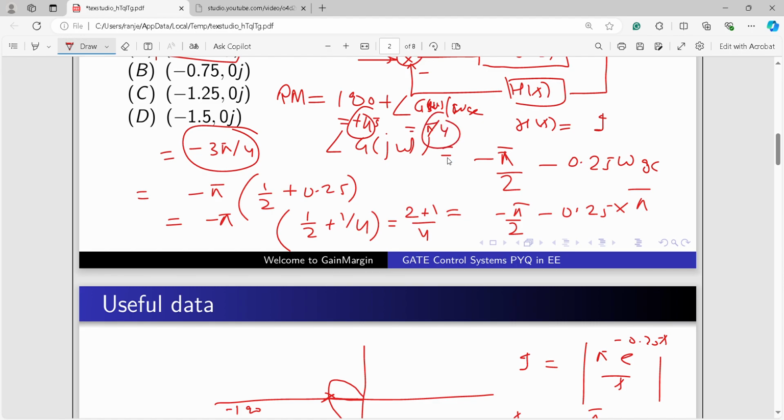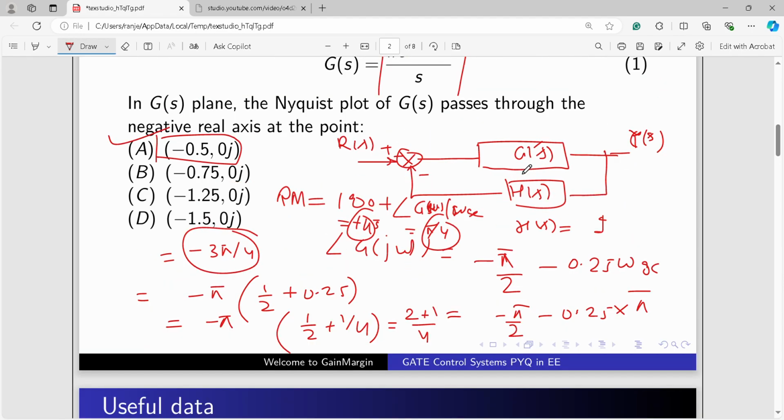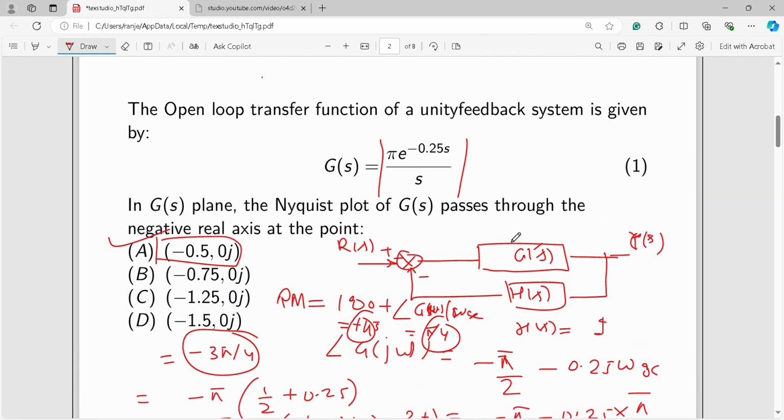All right, so basically this contribution, this minus 0.25 s term in our control system, is called the delay. So if you include the delay, it decreases the phase margin, and the system is relatively less stable.